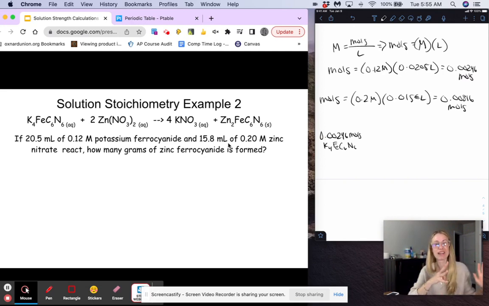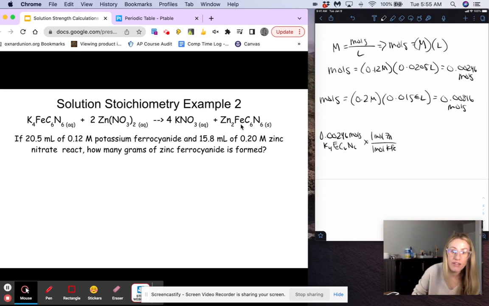So we already have moles. Now I want to convert from moles of this to moles of our zinc ferrocyanide, which we can see that it's a 1-to-1 ratio, right? One of this forms one of this. So I'm just going to say, okay, 1 mole of KFe, I'm just abbreviating here because I'm running out of room, forms 1 mole of zinc ferrocyanide. And then, of course, I want my answer in grams because it says how many grams is formed. So now I want to use the molar mass, which luckily I found before and I don't have to do it again.